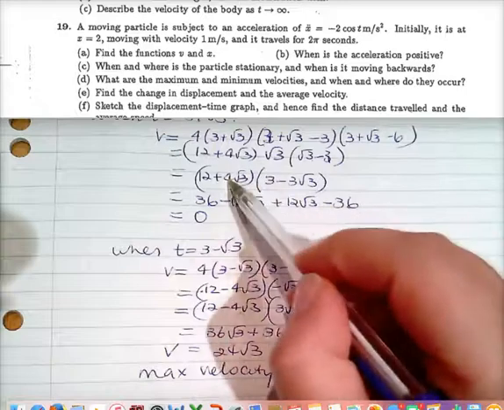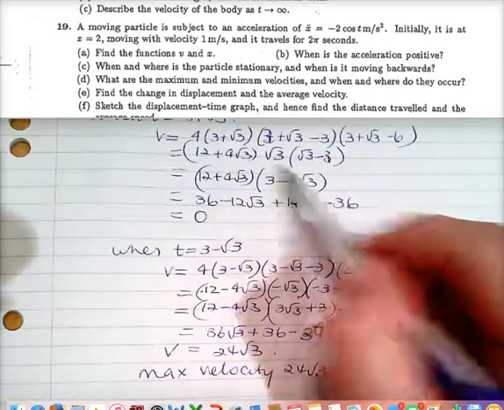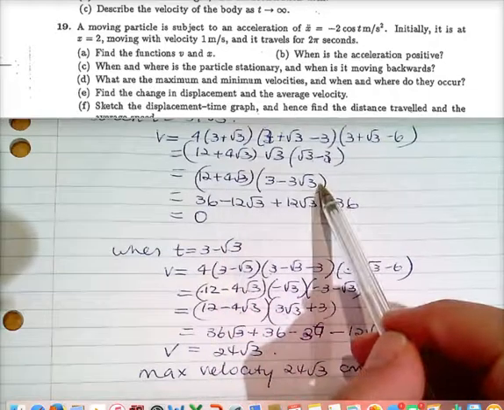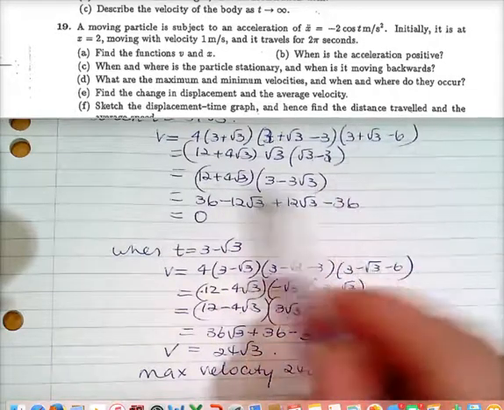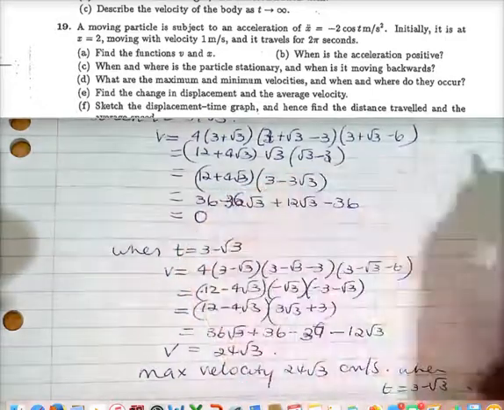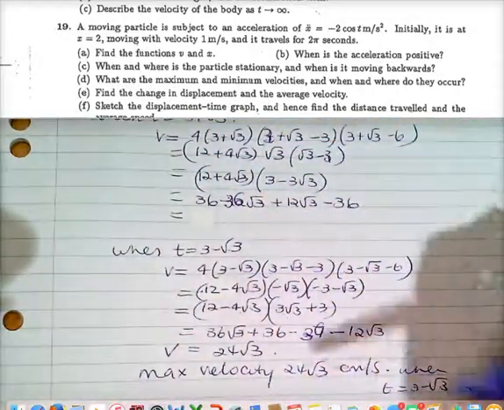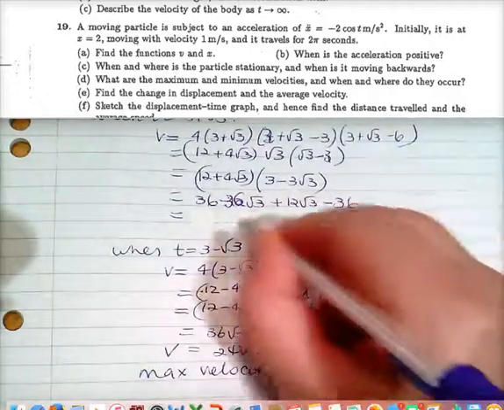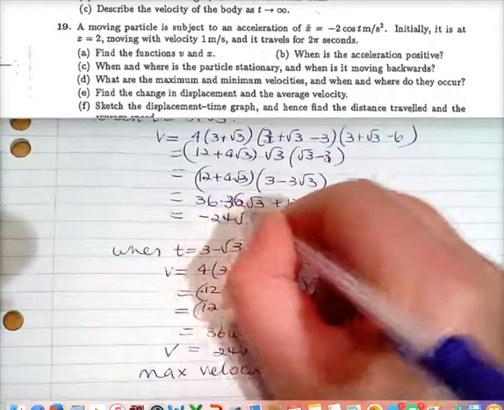So we've got 12 plus 4 root 3 times 3 minus 3 root 3, which gives us 36 minus 36. Sorry, I made a mistake there. Minus 36 root 3. I was a bit worried about that one actually. Thought it didn't make sense. Plus 12 root 3 minus 36 gives us negative 24 root 3.